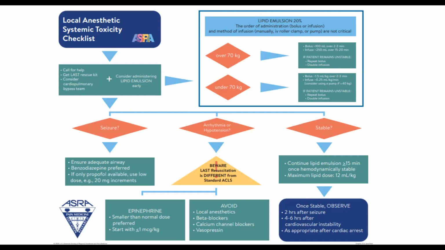And if they're under, you give a little bit less. The doses are up here. Let's say they're over 70 kilos, we bolus 100 cc's. And then we start an infusion of 250 cc's over the next half hour, 15 to 20 minutes. And then if they're still unstable, you can give repeated boluses. Under 70 kilos, you give a slightly smaller bolus, and the infusion is more weight-based for smaller patients.